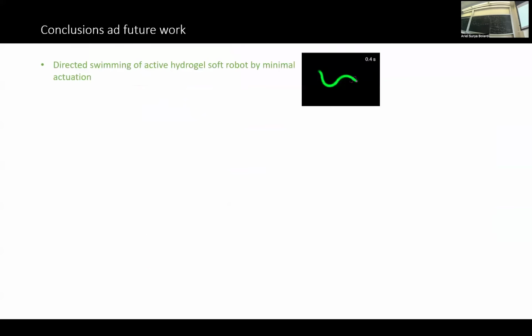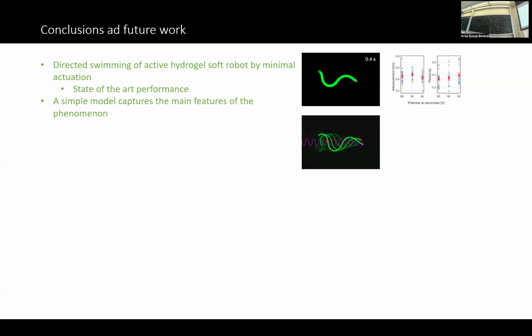So, in this work, we have shown that oscillatory swimming, directed oscillatory swimming, can be achieved in a sort of hydrogel swimmer by a minimal actuation, and proved it experimentally with very good performance.